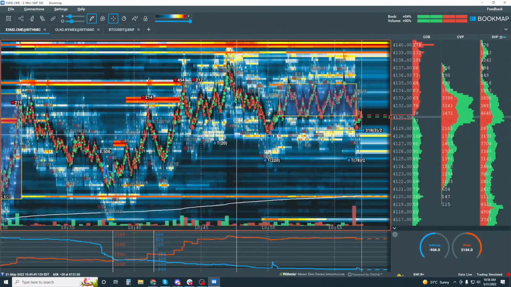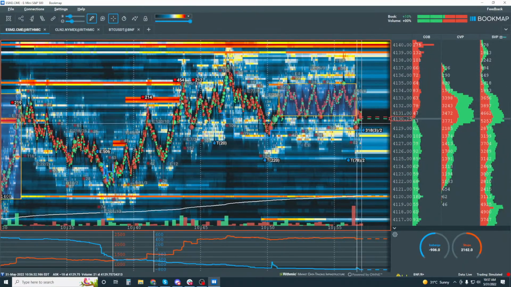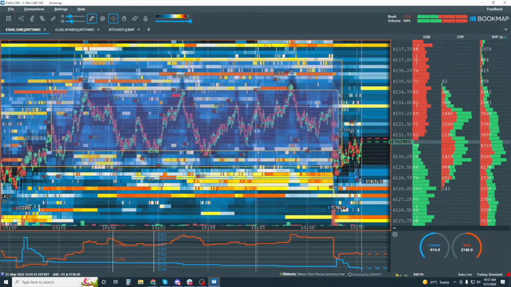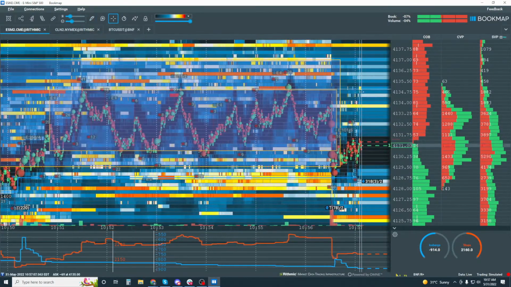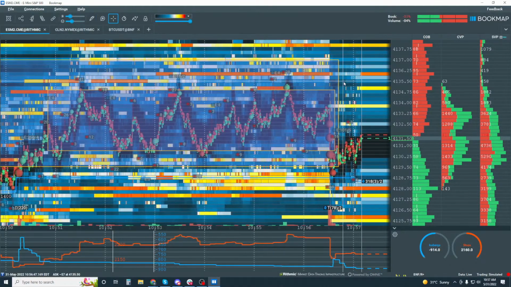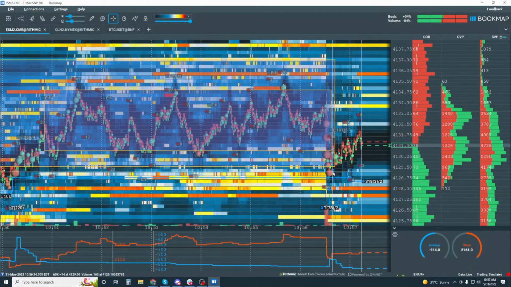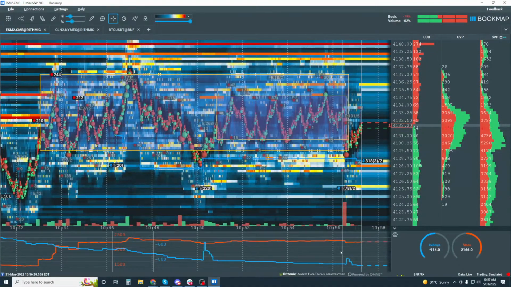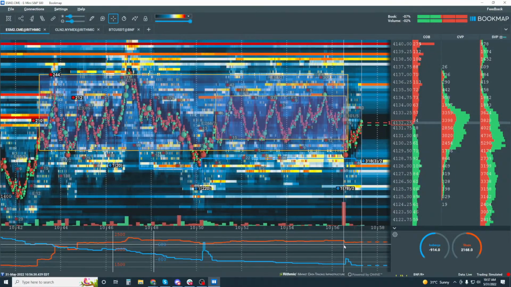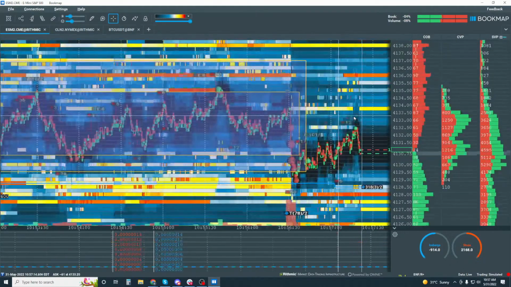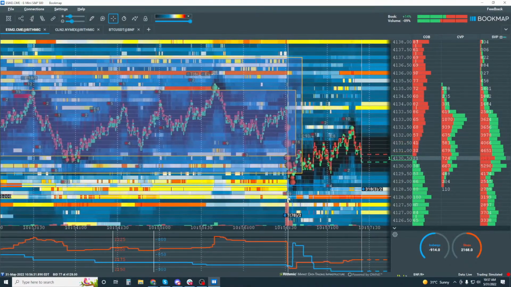Okay, it's even bigger than that. Now they did find a ton of stops to the downside here, as you guys can see. Not a ton, actually. If we zoom out, not a ton. Only 69, actually.